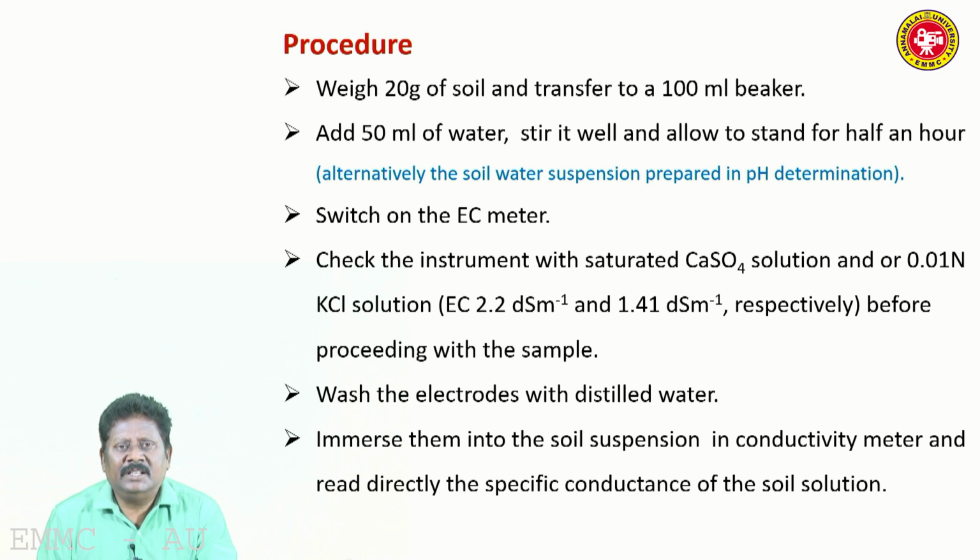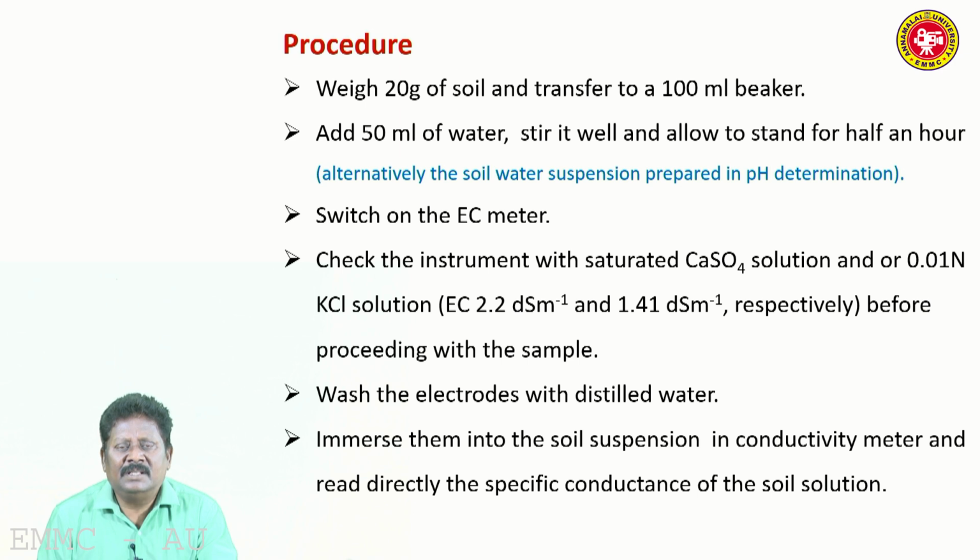Now, standardize the instrument by switching on, give some time for warming up, then wash the electrode with distilled water, wipe out the excess moisture with filter paper, then introduce the 0.01 KCl standard solution, dip the electrode and adjust the knob to read 1.41 decisiemens per meter.